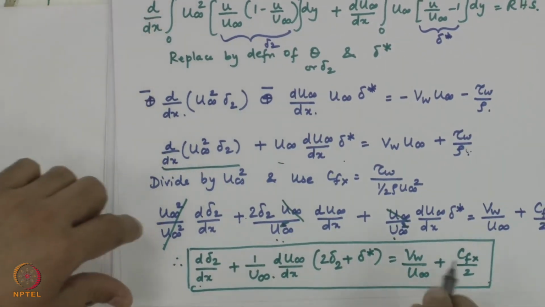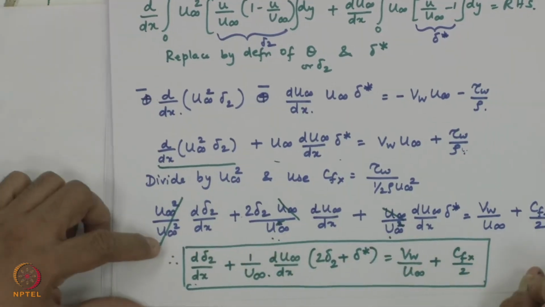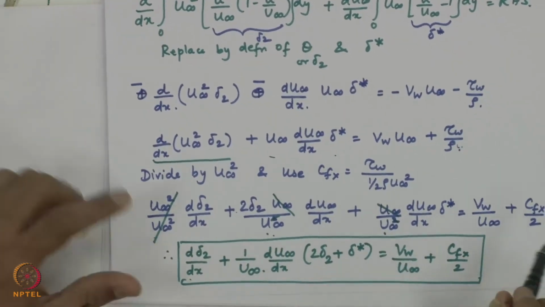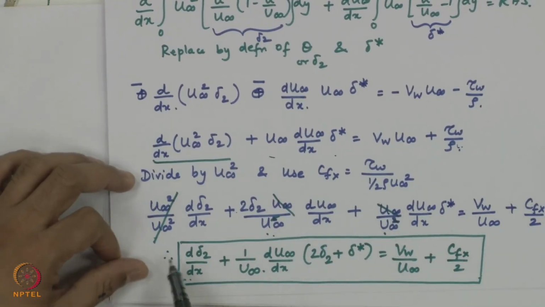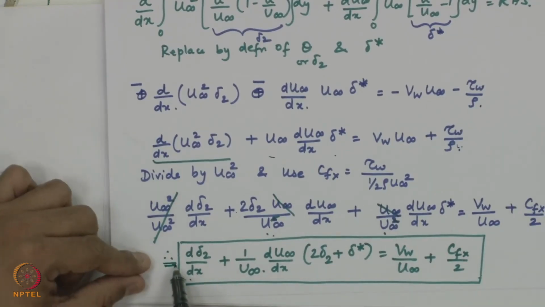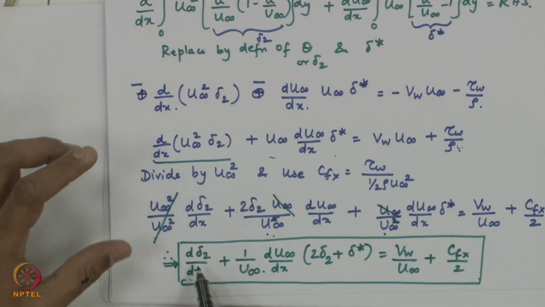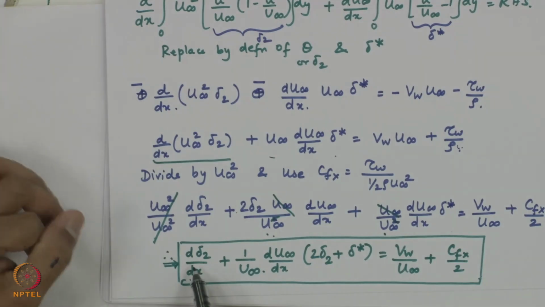So, the Navier-Stokes equation, which was a partial differential equation, now has become some kind of an ordinary differential equation with the independent variable being only x, the dependent variable being delta 2, which is a physically important quantity, which is the momentum thickness.